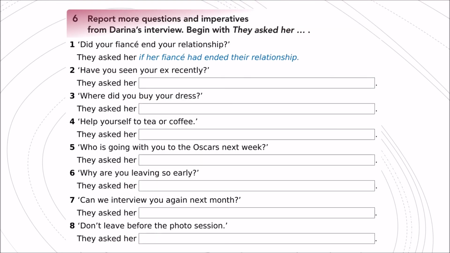Let's have a little bit more practice with exercise 6. Before you go straight on to reporting the questions and imperatives, take 10 seconds time to categorize each of these to see which of them are yes-no questions, WH questions, and imperatives.